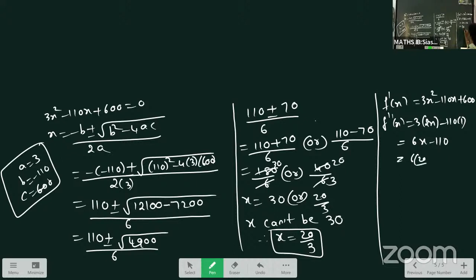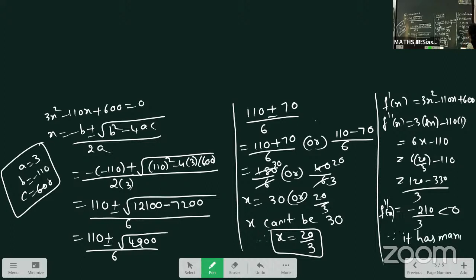So 6 into x, what is x value? 20 by 3 minus 110. So that is 120 minus 330 by 3. How much are we getting? Minus 210 by 3. F double dash of x is minus 210 by 3, which is less than 0. So when you get less than 0, what is the conclusion?